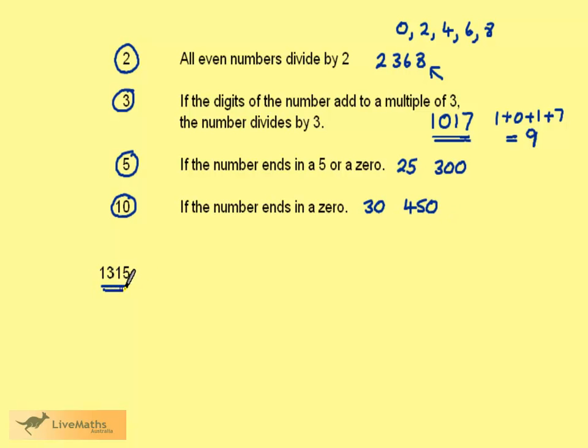Consider the number 1315. We can see it ends in a 5. This means that it's not even, so it won't divide by 2. But ending in a 5 means it does divide by 5, and therefore 5 is a factor of this number.